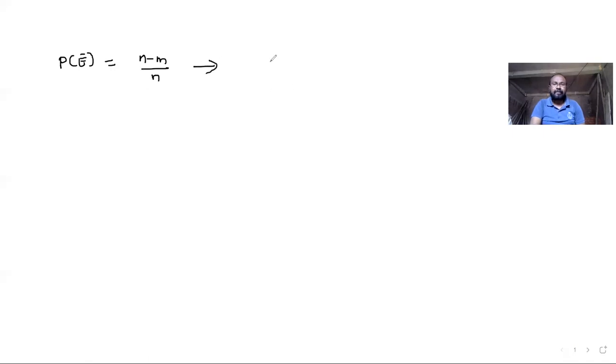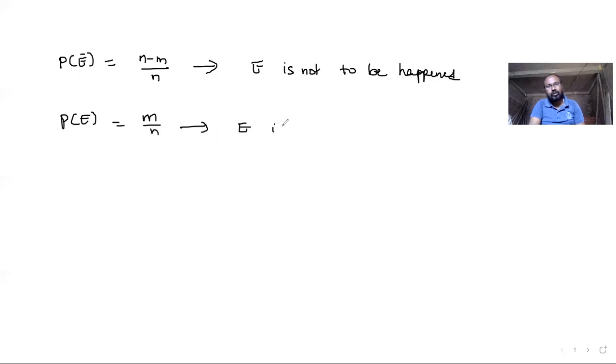So this is E not happening. P of E, probability of E, is m by n; this is E happening. So from this, P of E bar is equal to n by n minus m by n.